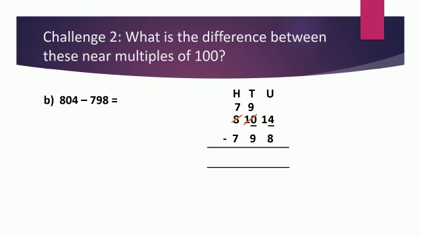Now it is possible to subtract 8 from 14. So 14 minus 8 is equal to 6. Now the next number is 9 minus 9, it is equal to 0. And the next number is 7, 7 minus 7, it is equal to 0. So our answer is 6. 804 minus 798 is equal to 6.